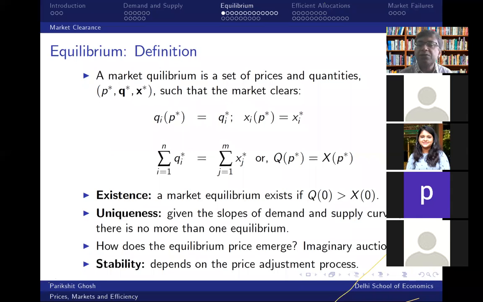So the question of uniqueness often involves the following question: what are the necessary and or sufficient conditions or assumptions that we need to make sure that the market equilibrium is unique? You don't get it for free. You have to put some assumptions, some restrictions, right? So very generally speaking, uniqueness is not guaranteed.